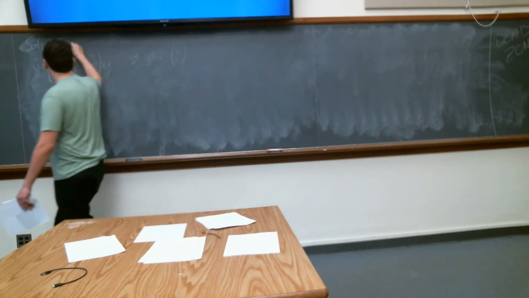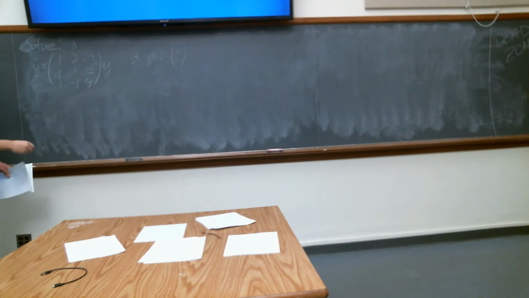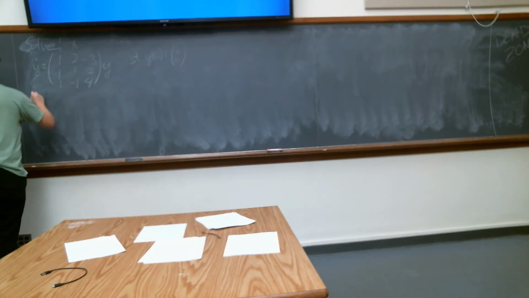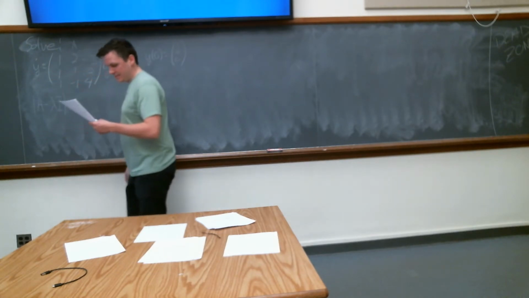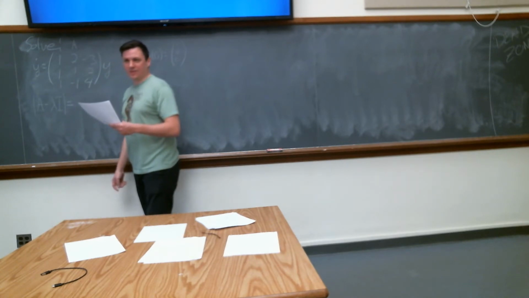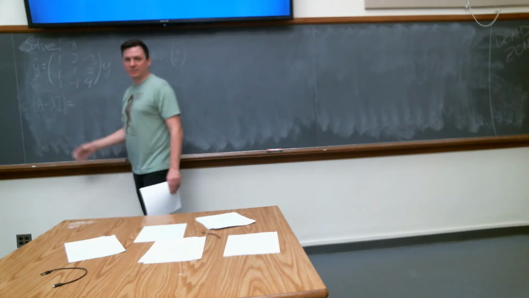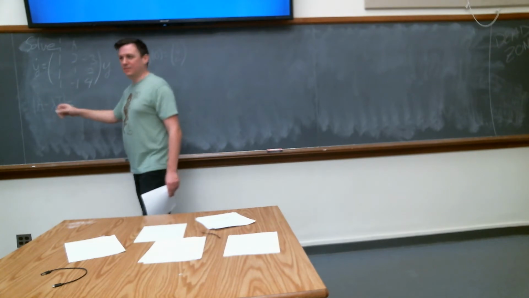So as always, you call this A. No one's called a matrix anything else ever. I'm just going to give you the solution. I'm not even going to act like I'm solving this in front of you.